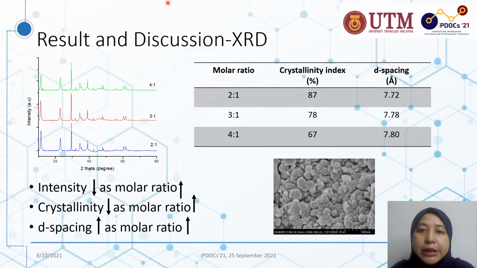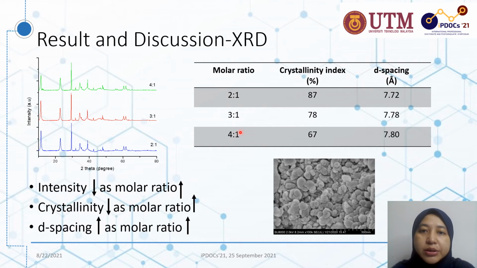The intensity decreases as the molar ratio increases, which means the intensity of 2 to 1 is higher, followed by 3 to 1 and 4 to 1.